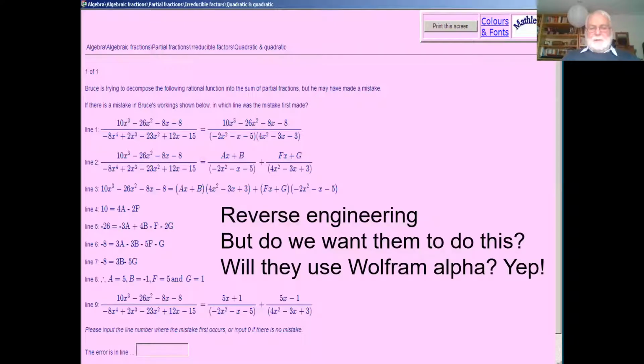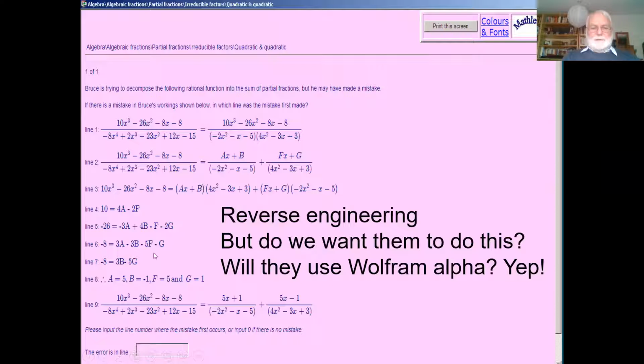Here's a question about spot the error. Which line is the error in? Now, students, if you ask them to do the partial fractions of this rather complicated expression here, they will use Wolfram Alpha or some such system. So you don't really want to ask them what the answer is. You want to say, here's Fred's attempt. Well, it's Bruce's attempt at the moment. And Bruce is a randomized name too, from a database of likely looking names, male and female.